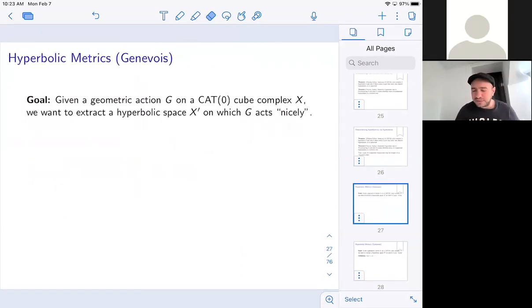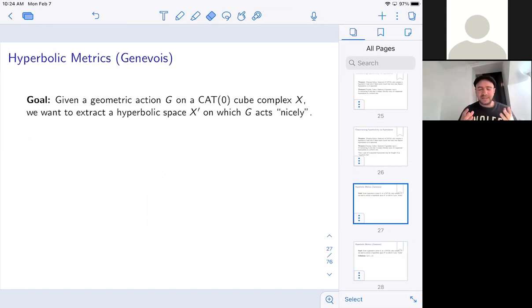Now, as we discussed in the beginning of the talk, if you have a geometric action of a group G on a CAT(0) cube complex, one thing you would like to do is build a hyperbolic space out of your cube complex on which your group G acts. You want something like the curve graph, right? You have the mapping class group acting on itself, and you would like some hyperbolic space that sees this action.